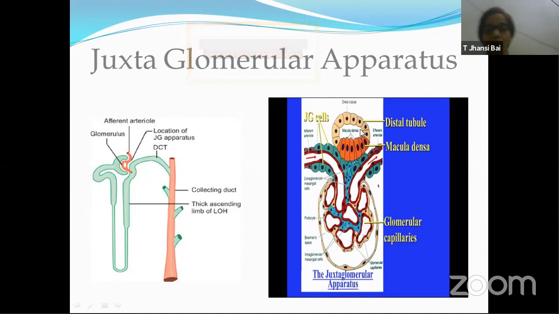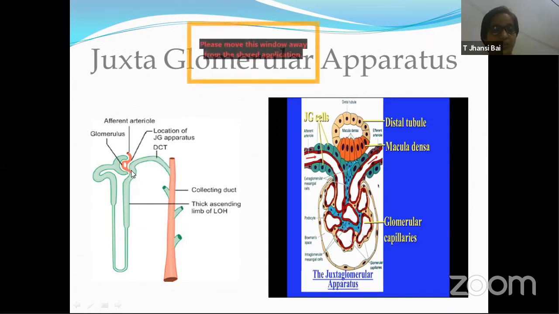Similarly, you find specialization and modification of cells taking place in this DCT, the distal convoluted tubule. Some of the cuboidal epithelial cells of the DCT also become specialized, which we call macula densa.